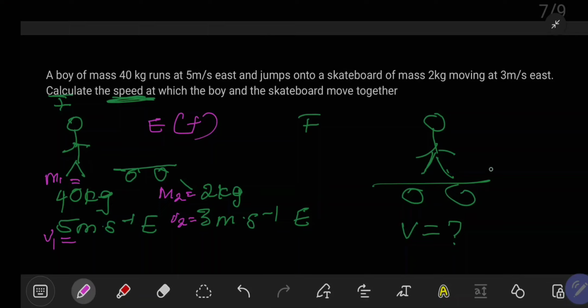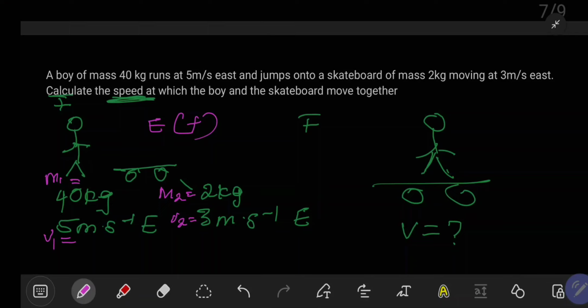It means the mass is the mass of the boy plus the mass of the skateboard, which equals 40 plus 2, which equals 42 kg. They are looking for the velocity. Then we can use the principle of conservation of linear momentum. The sum of P initial is equal to P final.